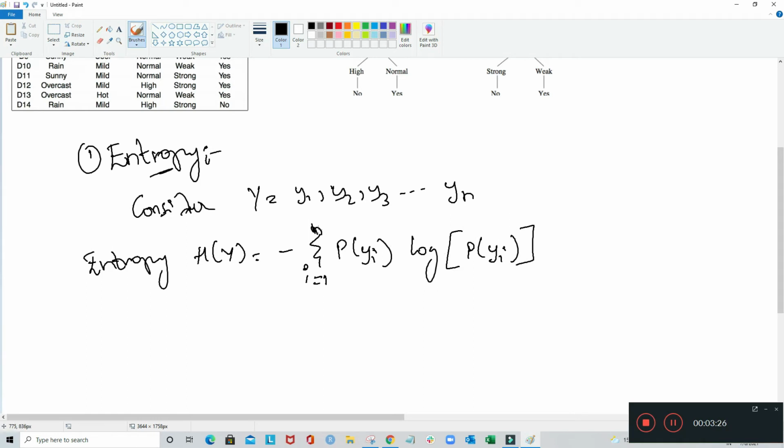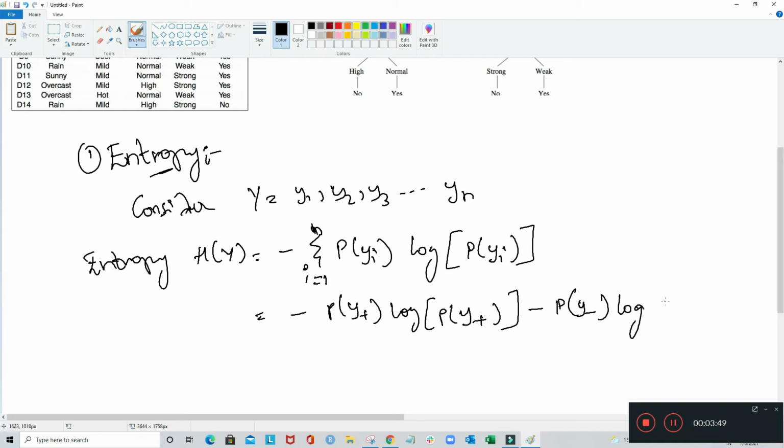If it is a two-class setting, then n equals 2, and this can be rewritten as minus probability of y plus into log probability of y plus, minus probability of y minus into log probability of y minus.